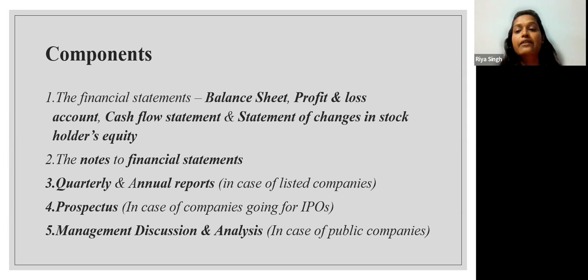So if we are doing financial reporting, these components should be there, which will disseminate the information regarding the financial performance or financial position of a company for a specified period of time.